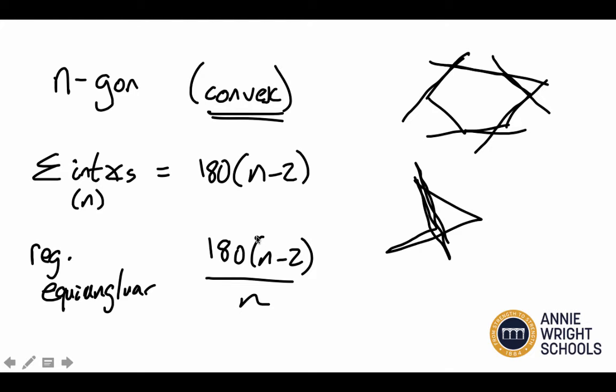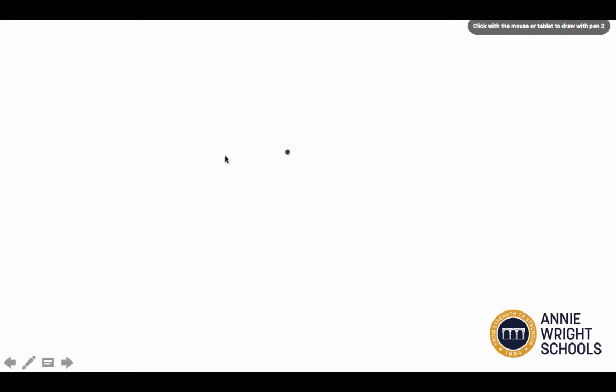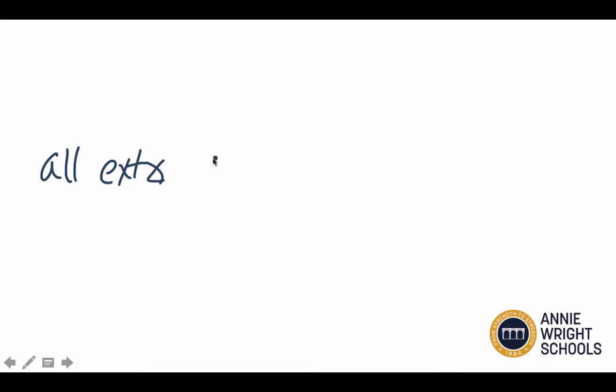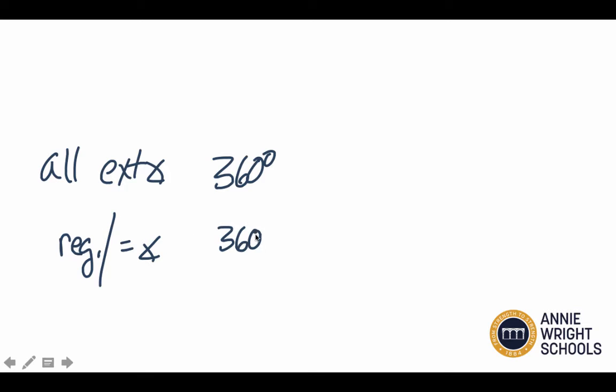Good? Same idea if you know all the exterior angles add up to 360 degrees for any n-gon. If it is regular or equiangular, then 360 divided by n is one exterior angle. So I wrote that on the board. Make sure you have it in your notes. Make sure you understand it.